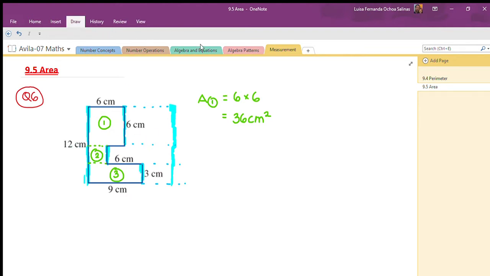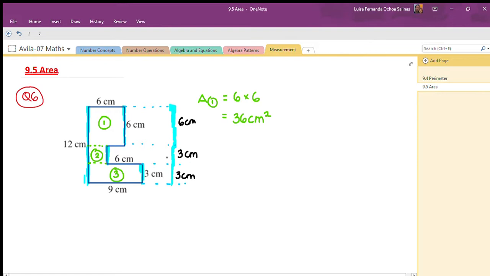And if I use my black one, I know that this bit is 6 centimeters. Why? Because it's the same as this one here. And I know this little one here is 3 centimeters. So what is going to be here in the middle? So 6 plus 3 is 9 centimeters. This bit in the middle has to be another 3 centimeters.